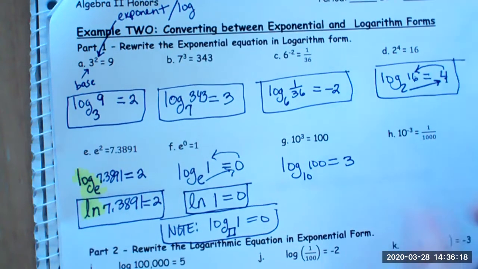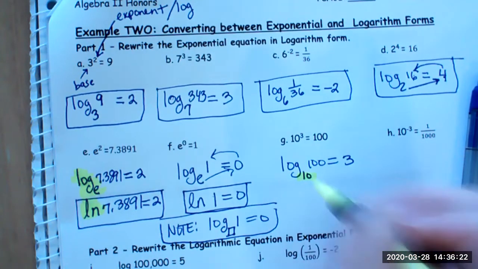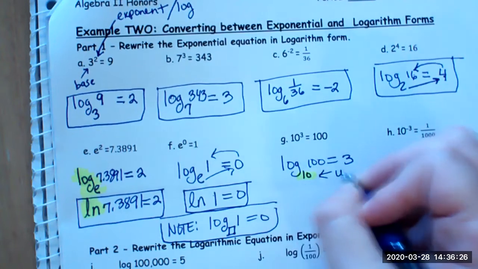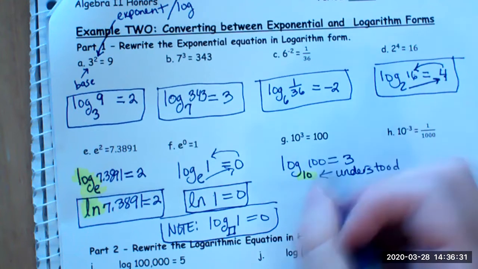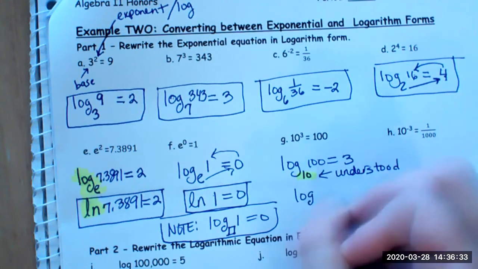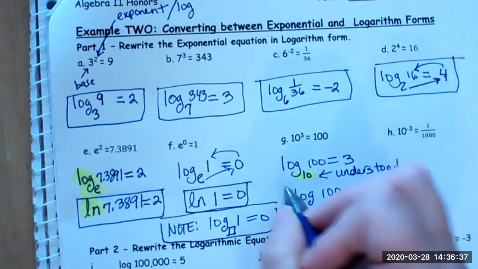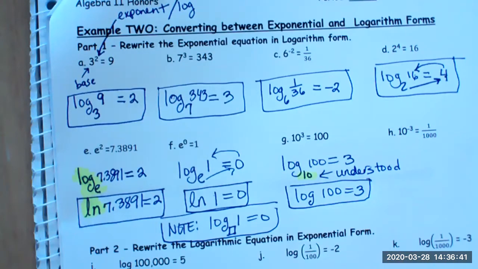But again, log base 10, that 10 is understood. So typically, I don't want to write it. So I'm going to say log of 100 equals 3, and I will leave out the 10 when I write my answer.